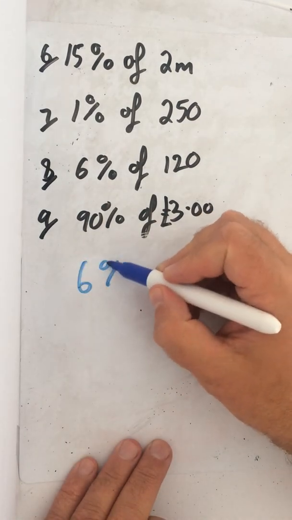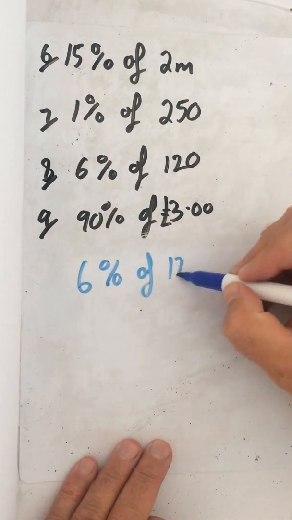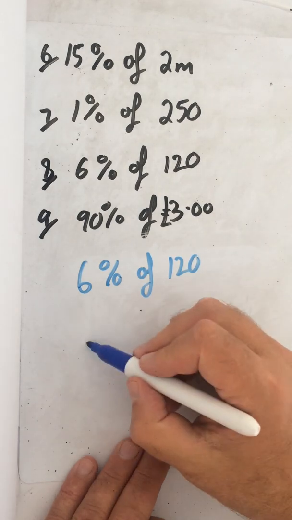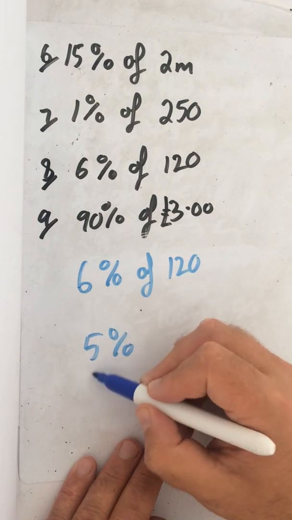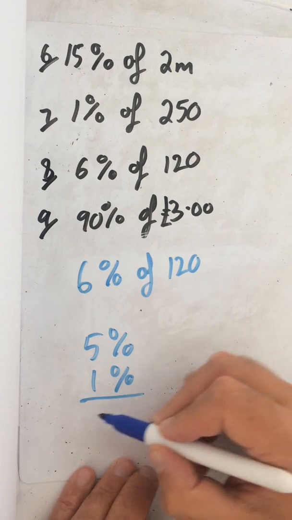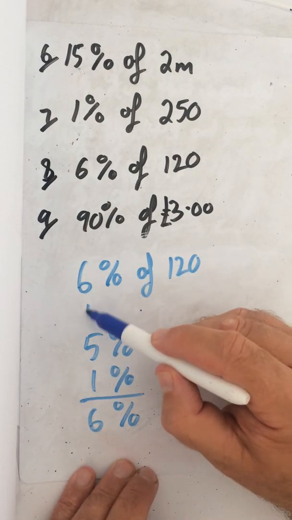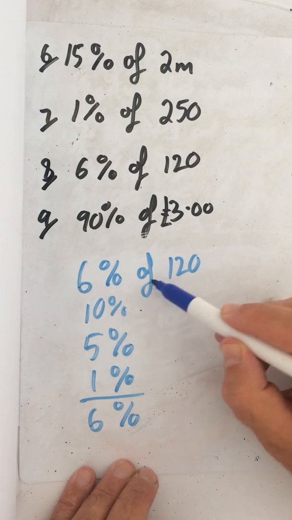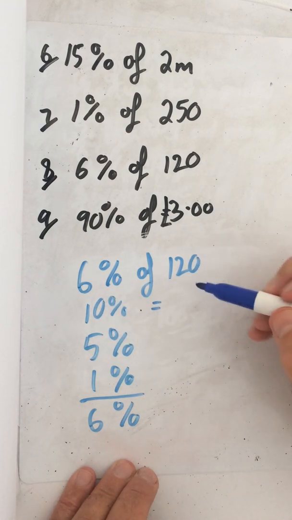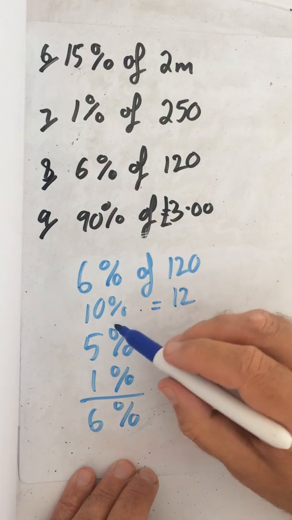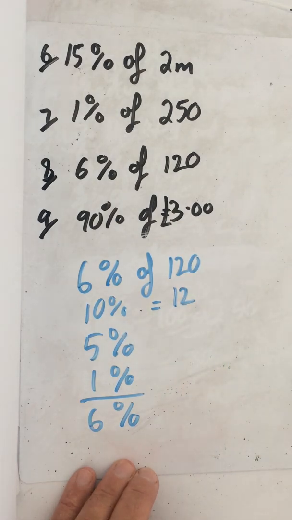6% of 120. Now I know for 6% I need to find 5% and 1%. Add them together and it gives me 6%. To find 5%, I'm going to find 10% first. So 10% of 120 is 12, because I'm dividing 120 by 10.